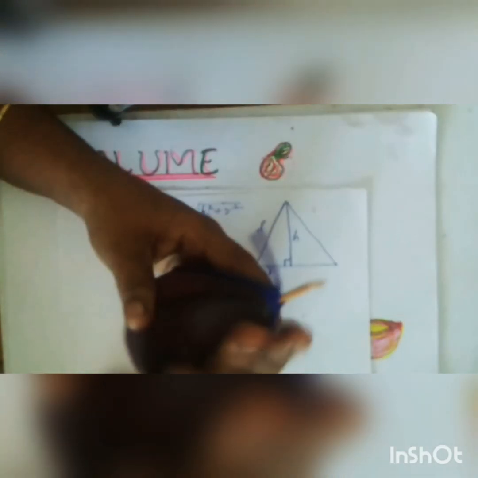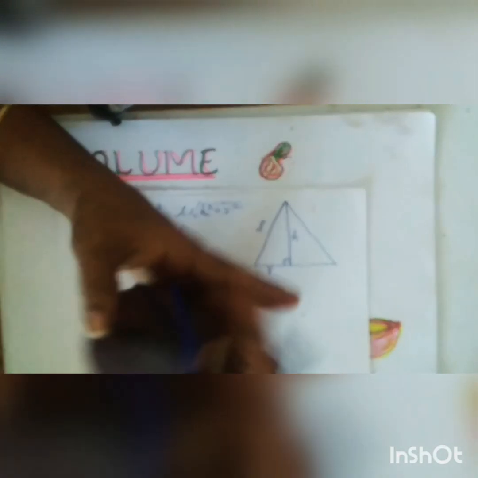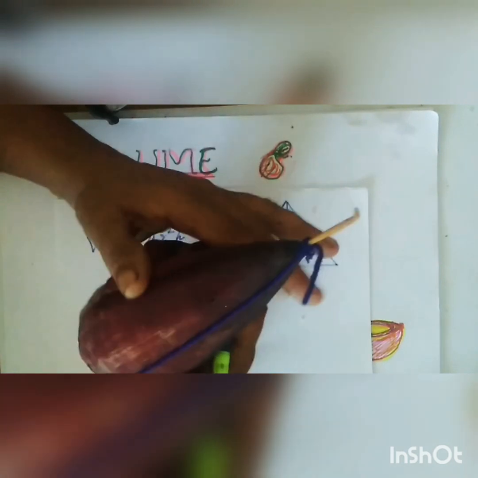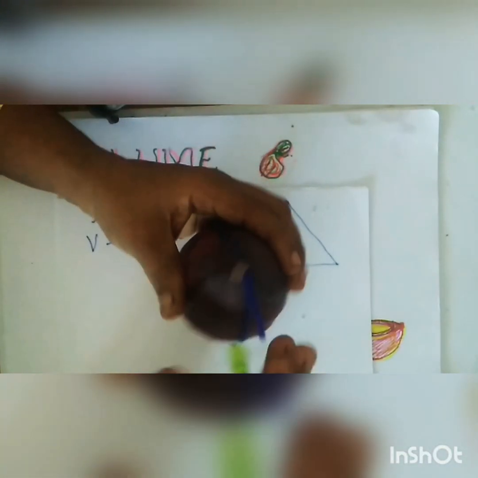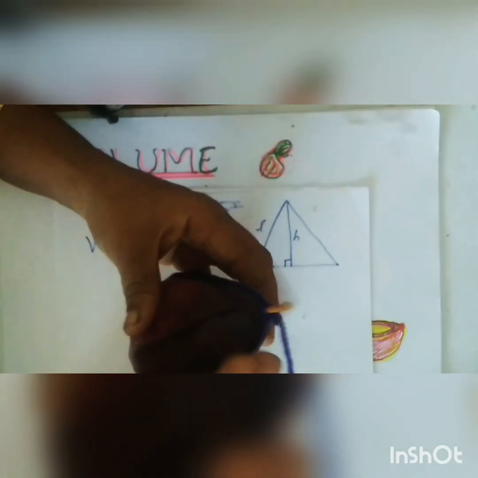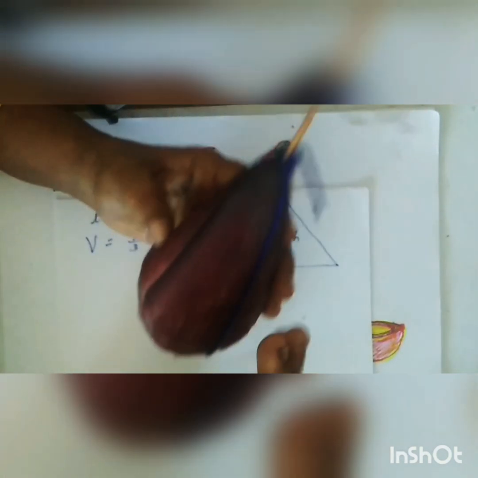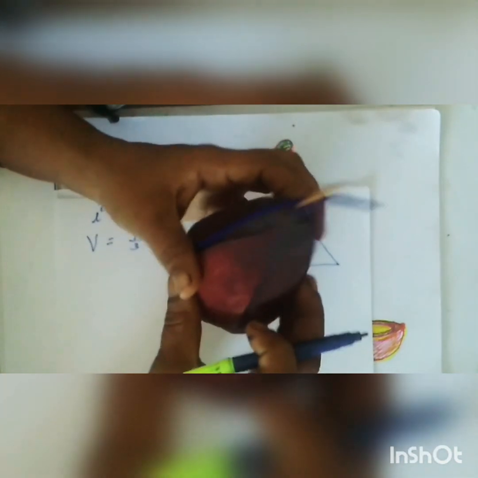Here, this is the curved surface area. Curved surface area of this cone is always equal to the sector area. When we cover this area with a paper, then we get a sector.